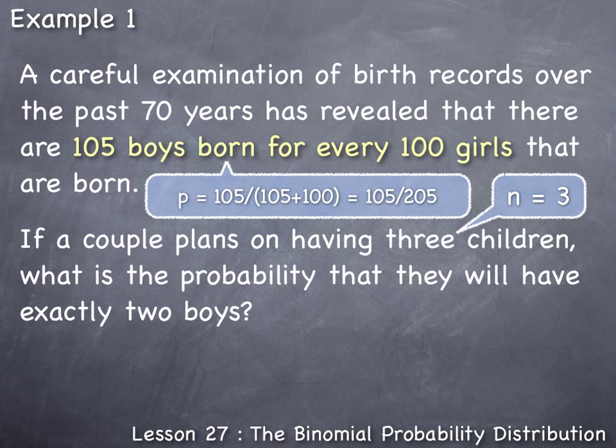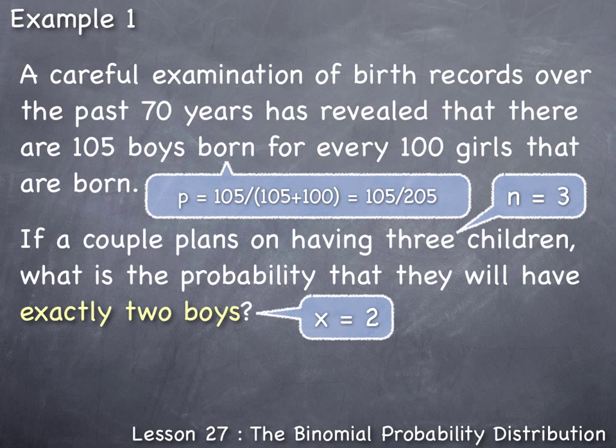Now the value for X. X, the random variable, is based on the question that we're trying to answer. And here we're trying to find the probability that they will have exactly 2 boys. So we will use X equals 2. Now, on the TI-84 calculator, we could use the binomPDF command to do this. Since we're looking at exactly 2 boys, and we're just looking at X equals 2, we could use the binomPDF command.